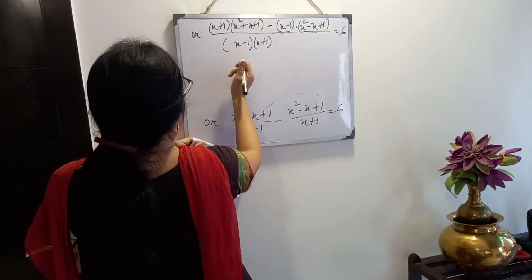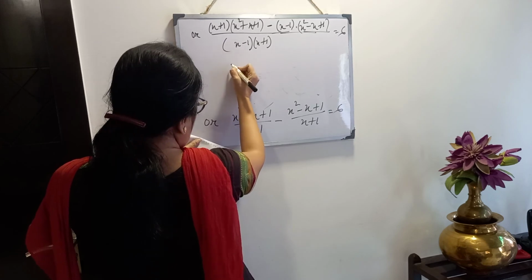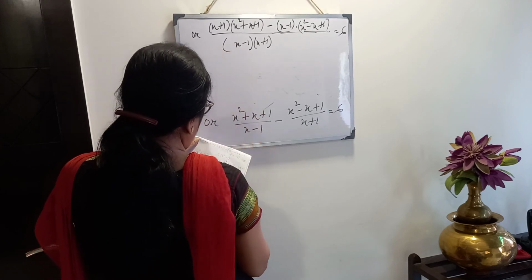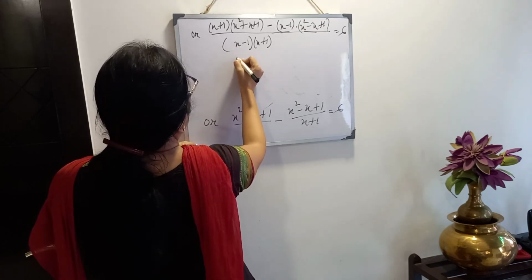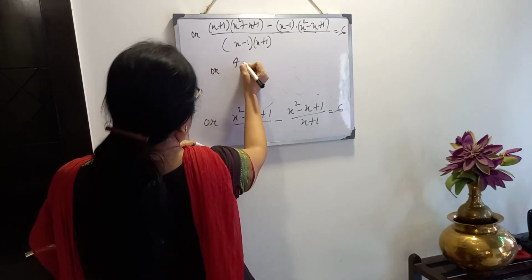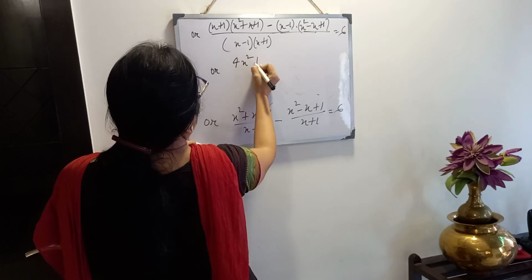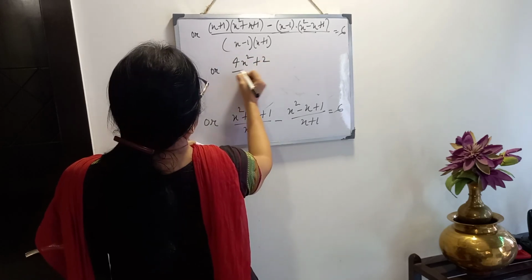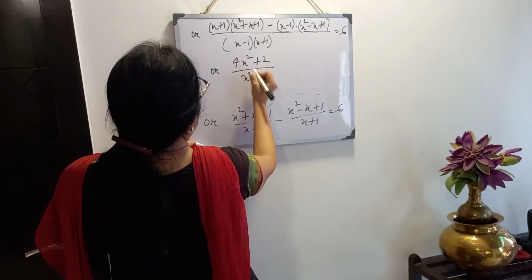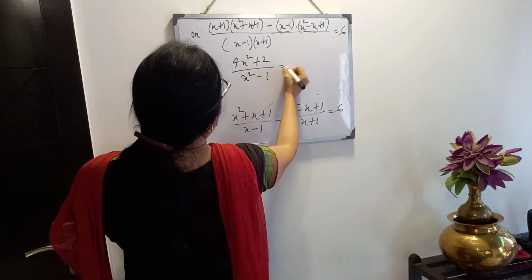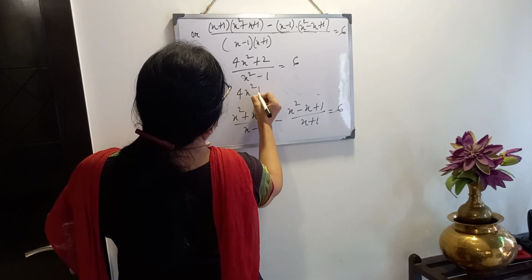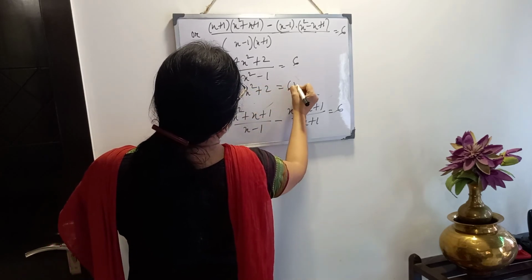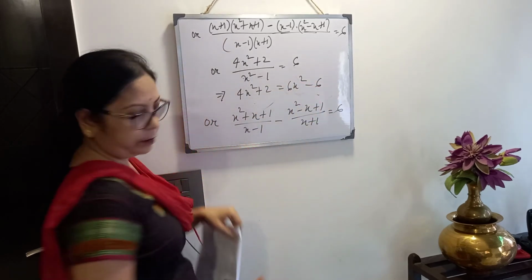Then you will see it will come in the numerator as 4x square plus 2, and the denominator by formula a minus b into a plus b is equal to 6. Then 4x square plus 2 equal to 6, x square minus 6.